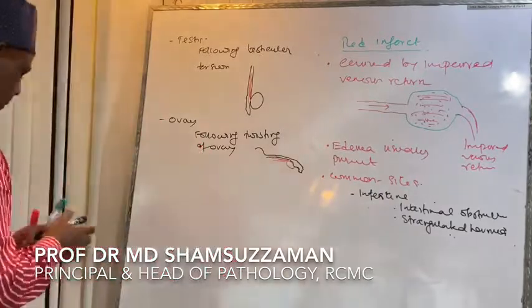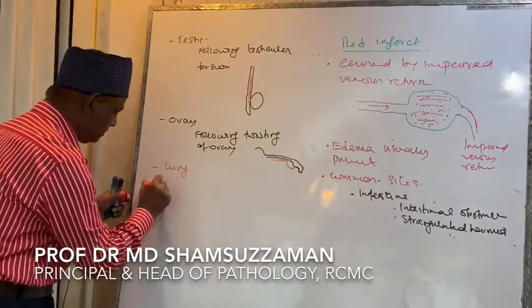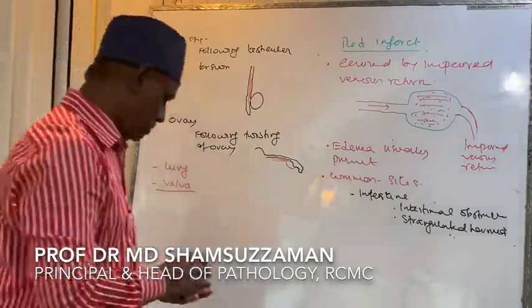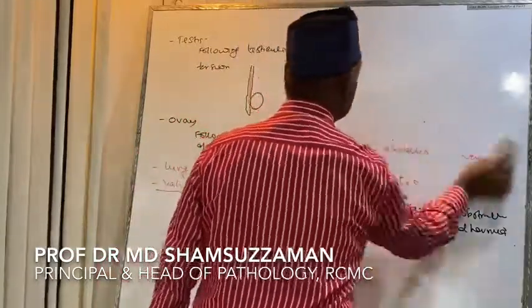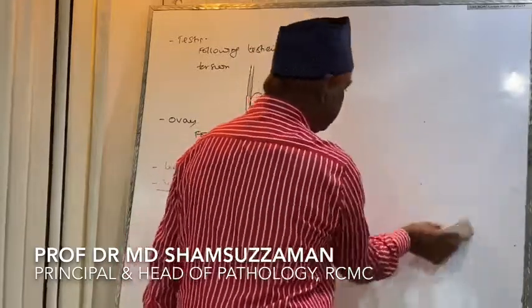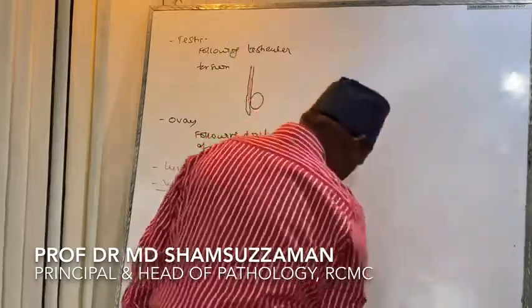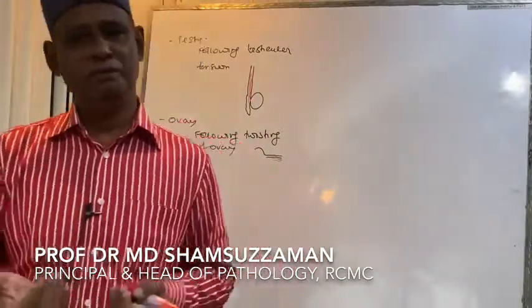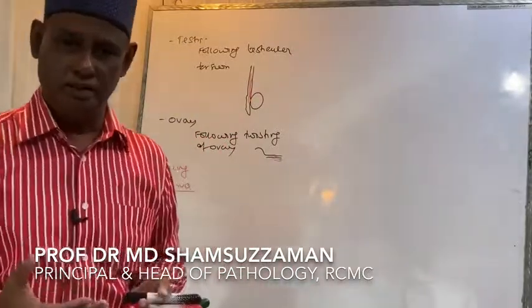If there is twisting, both artery and vein are affected, but there is a red infarct, no pale infarct. Why? Again, the vein wall is thinner than the arterial wall. So, during twisting, the thin walled vein is affected first. So, there is red infarct, but no pale infarct. Lung, vulva. So, these are the common sites of red infarct.